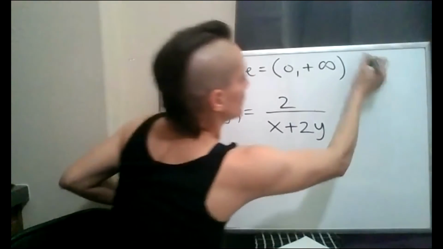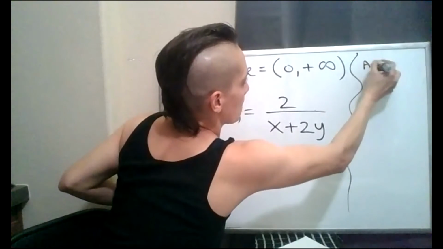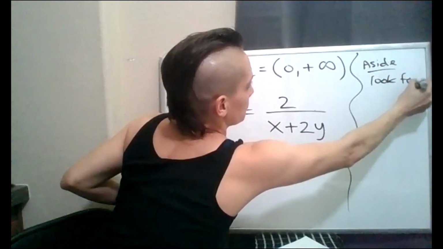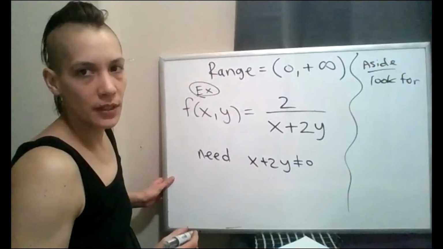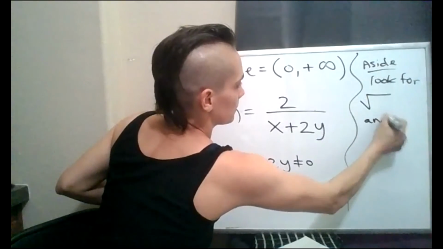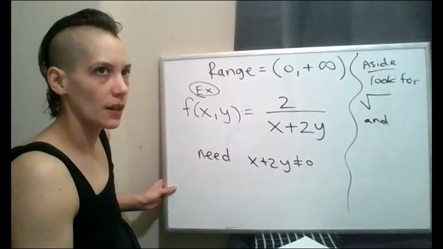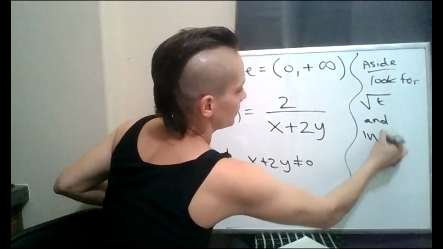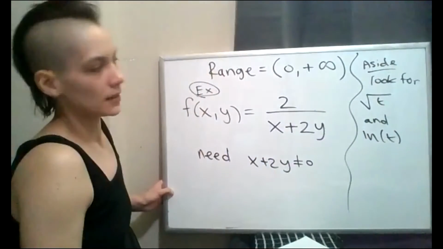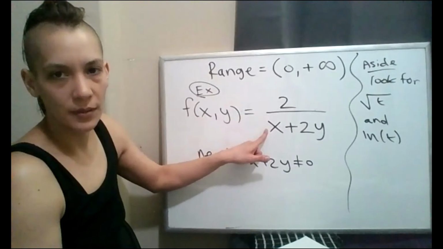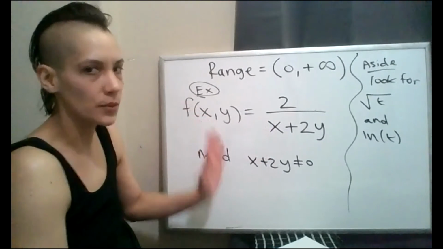Before I get there though. Okay, so look for square roots. Look for, let's put t, like ln of t. And something like a number over t. You just don't want t to equal 0.